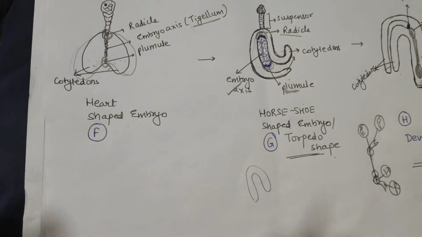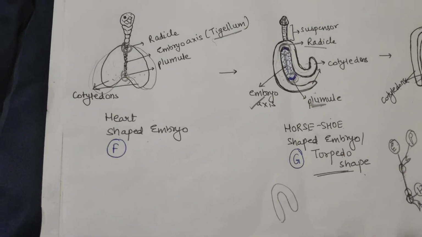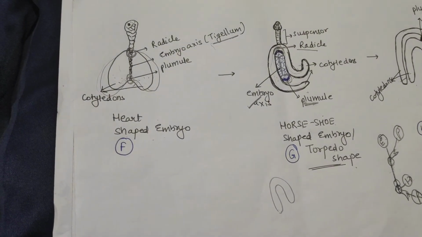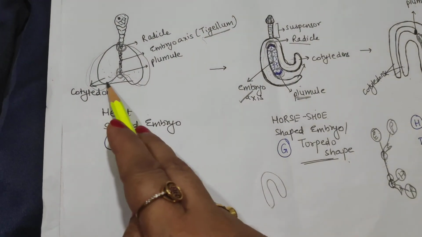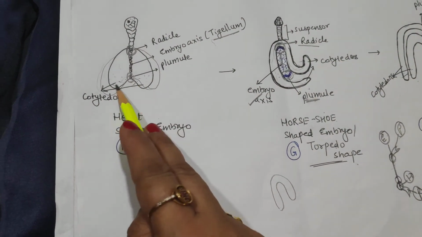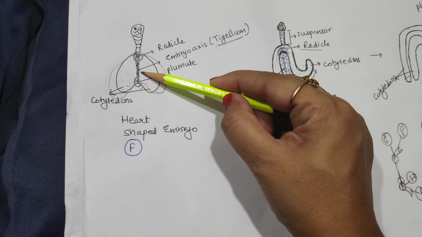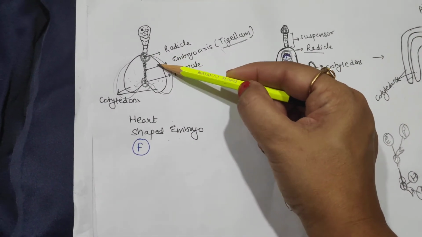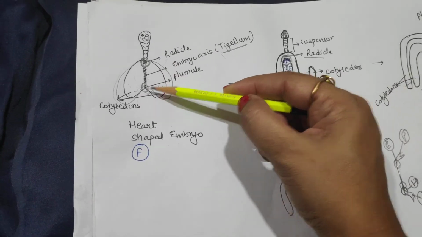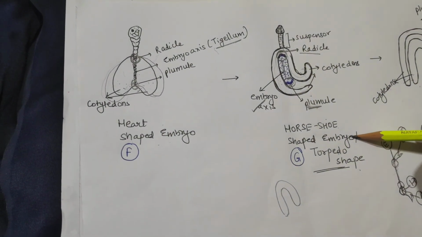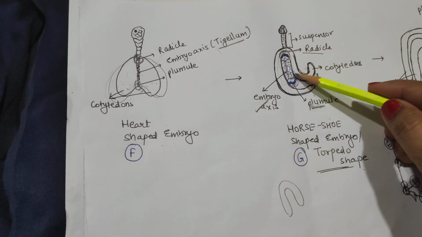As we know, the seeds of dicots are non-endospermic, because during the development of the seed the complete endosperm gets consumed and food gets stored in the cotyledons. This is the embryonal axis called tigellum, with radicle and plumule. Then later with development, the structure obtained is called torpedo shape or horseshoe shape.